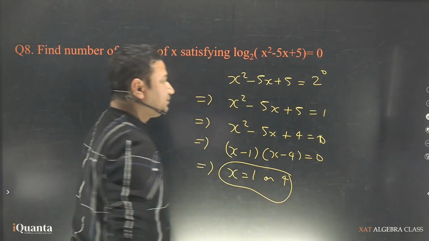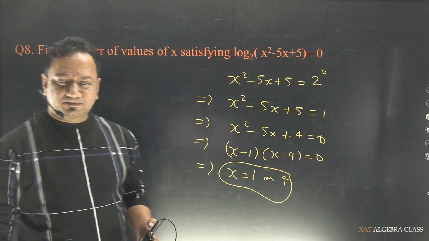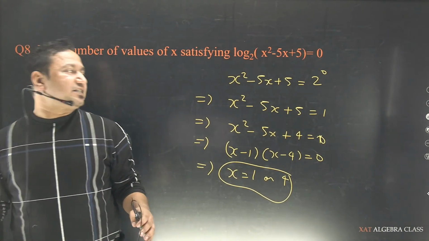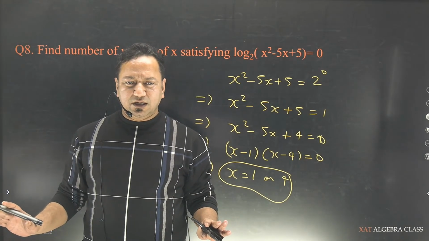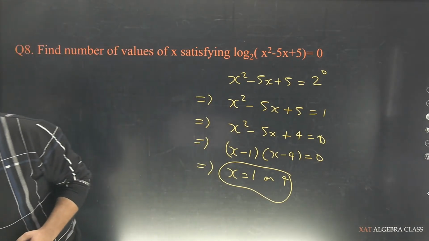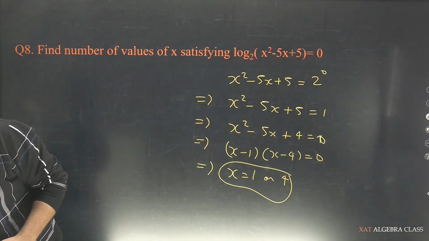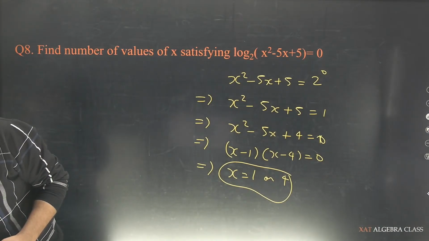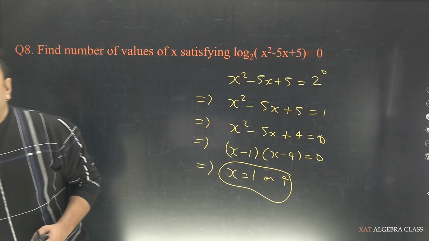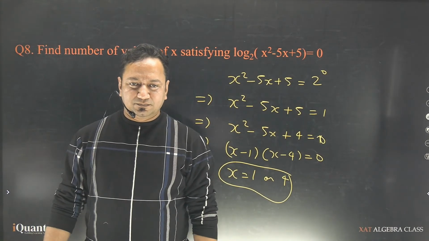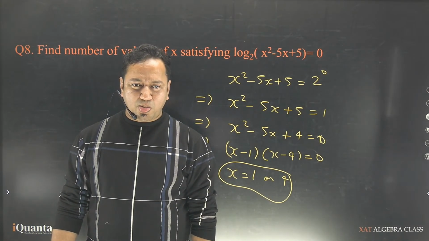So tell me, is this the final step? Once we have solved this, can we say that this is the final step and the answer is 2? Yeah, my question is, can we say this is the final step and we got our answer?